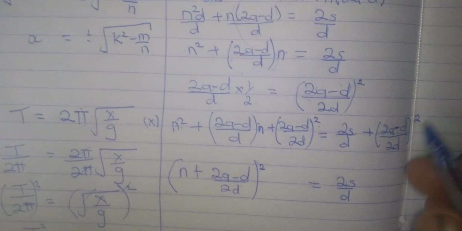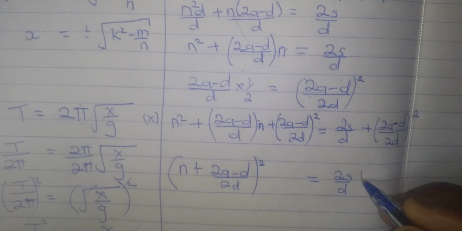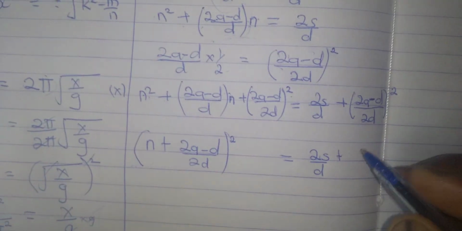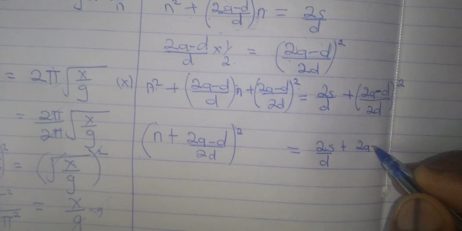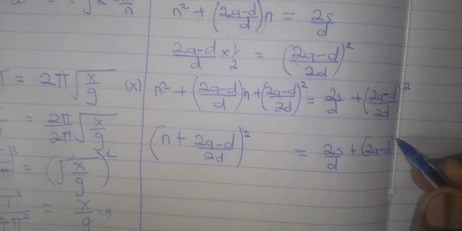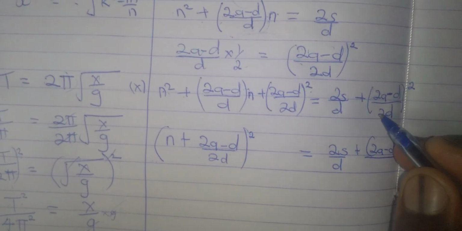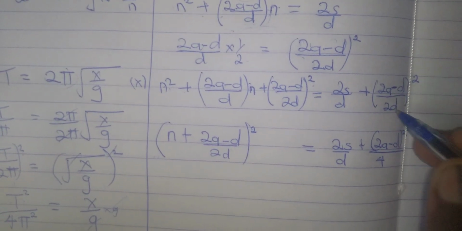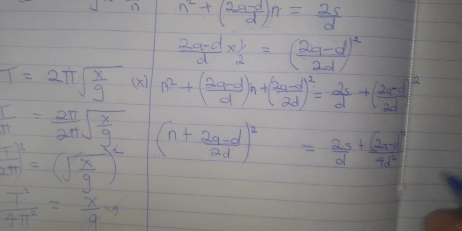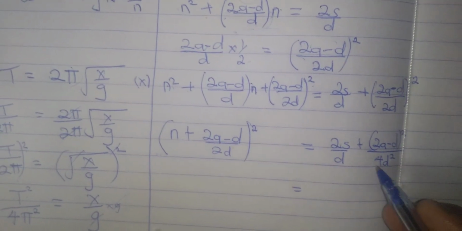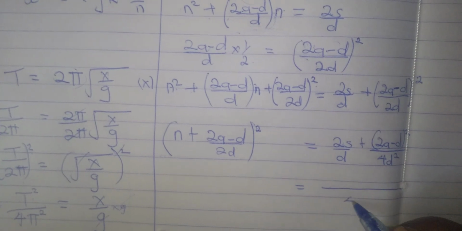Don't expand it, just leave the upper one as it is, plus 2, remember the square will square what is up, I can leave it alone, over what is down. Square 2 you get 4, square d you get d squared. So the LCM here will be 4d squared.